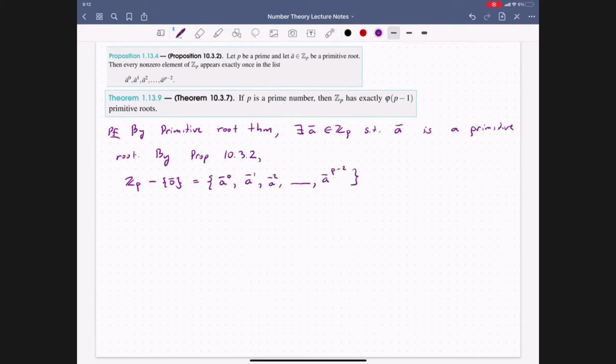So all the non-zero elements of the integers modulo p appear in this set. And we know that they are all distinct by the proposition, so we have this.